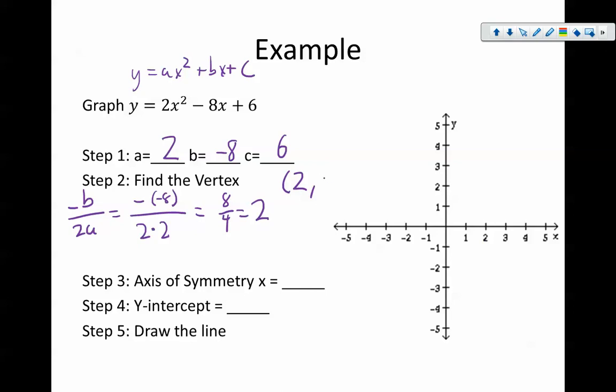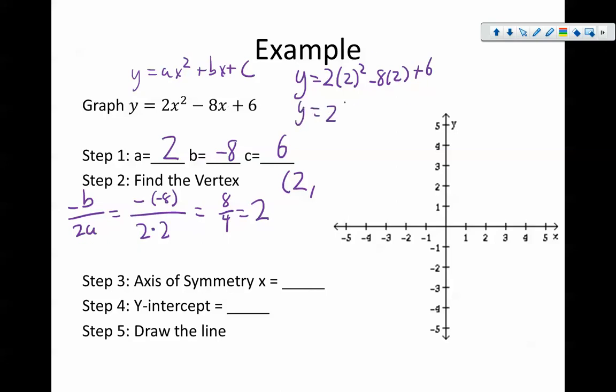But to find the y value, I take this x and I plug it in for x in my equation up here. Y equals 2 times 2 squared minus 8 times 2 plus 6. So we figure this out.